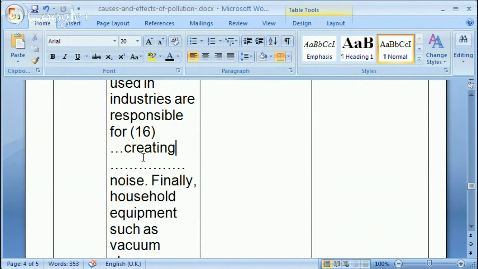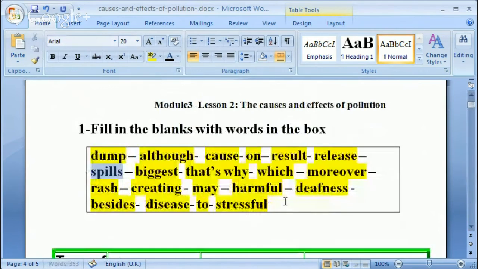Okay, for creating noise, there we go, which basically means starting from the very beginning, I only have one word left. I only have one blank and one word. The word doesn't seem to make sense. However, every other word does. So even if to you that word does not make sense, it's clearly the only possible answer.